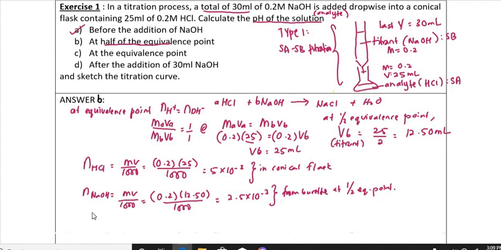Next, you have to use ICF table. Automatically, first part you cari dulu volume titrant. Okay, the second part you cari mole, mole for acid and base. And the third one, terus you cari ICF table.